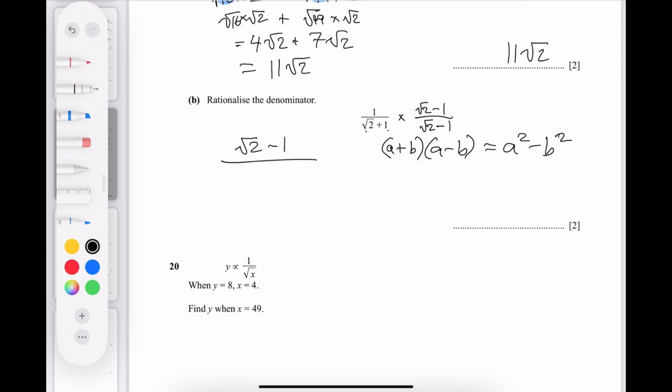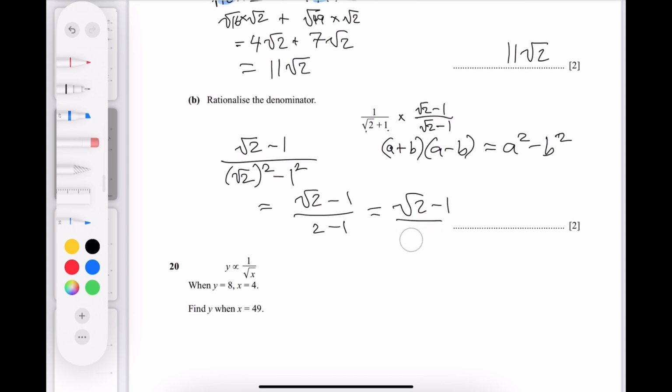So if you multiply these two, you get root 2 all squared minus 1 squared. And that's root 2 minus 1 over 2 minus 1, which is just root 2 minus 1 over 1. But of course, it's a fraction, so we don't need the over 1. So the answer is just root 2 minus 1.